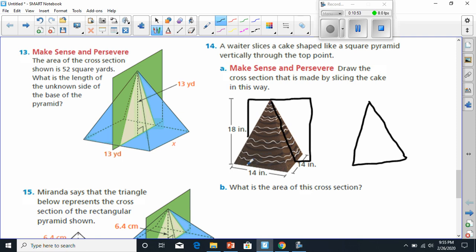And the triangle would still have to be 14 inches for a base. It didn't matter if I slice this way or this way, it's both 14 inches. And since it's 18 inches tall, that means from the center down would be 18 inches.